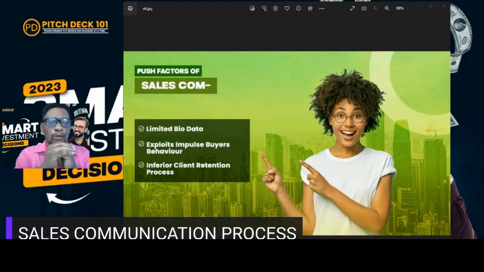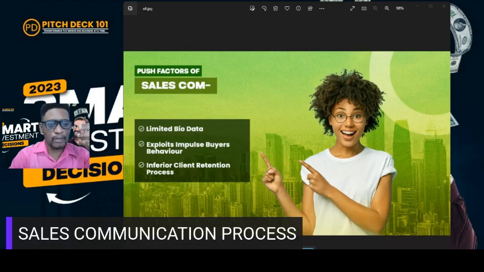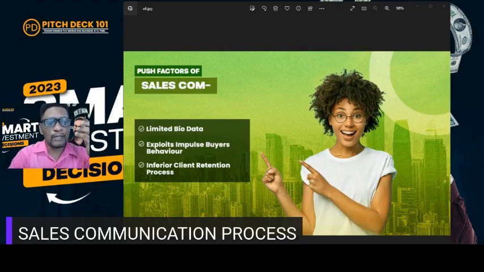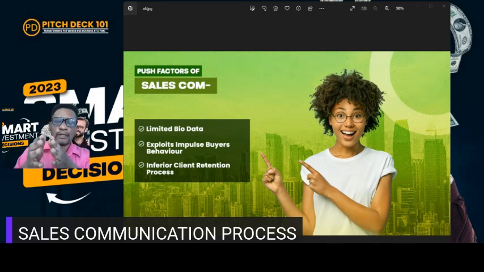Now, why am I saying this? The average person that is trained to sell is being trained to sell a product. So it's about understanding the product and services that you're representing. It's about understanding the value that that product or service is promising the final consumer. And that is good.